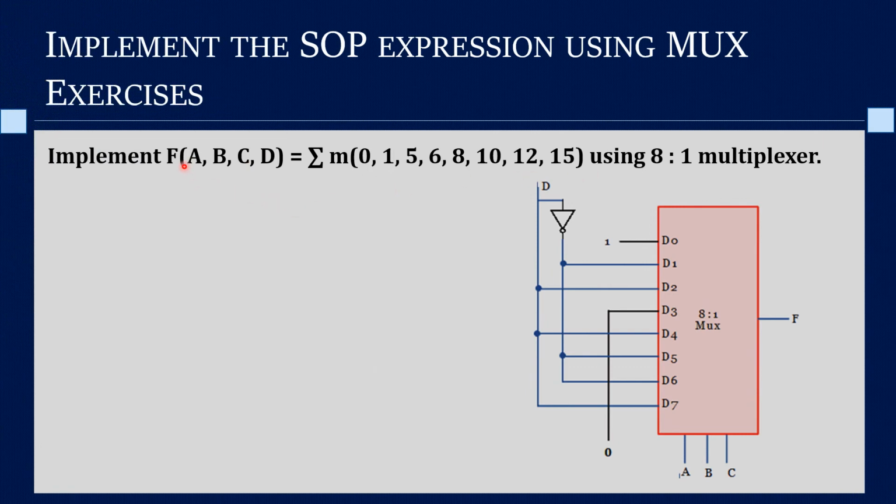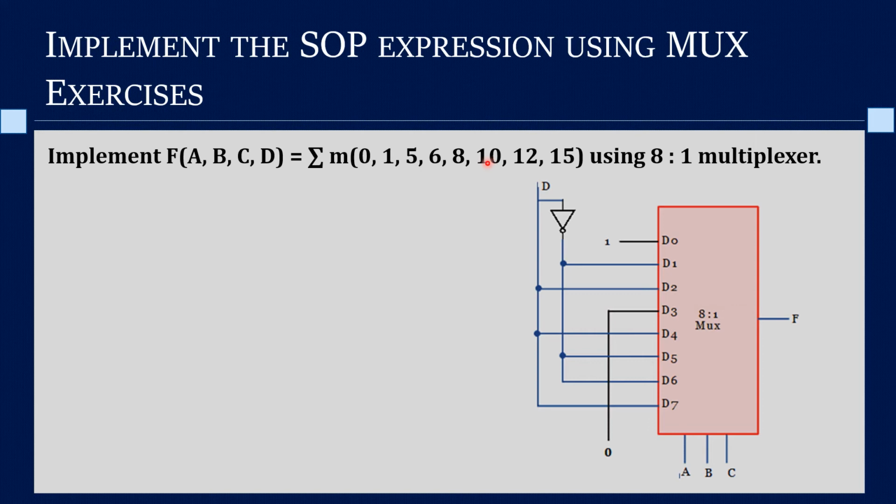Another example, here we have four variables. With these four variables we will have 16 different combinations. Out of the 16 different combinations, these minterms will have the logic 1. So the first step is we need to construct the truth table.